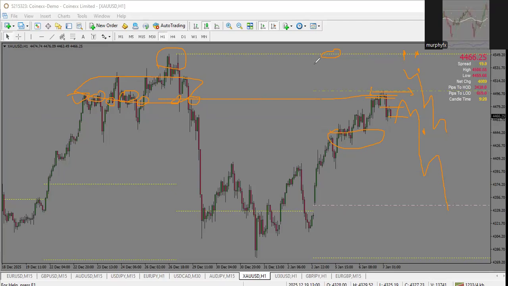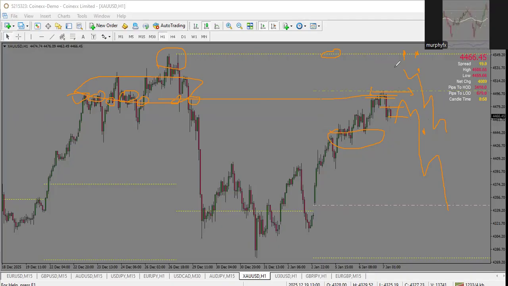You must make sure that you apply proper risk management. If you are putting your SL somewhere here, it's a tight SL. If you want to increase your lot size, you have to put a tight SL so that you don't lose too much. But why put a big lot size when you can let the market breathe and minimize your risk by taking a very low risk lot size?